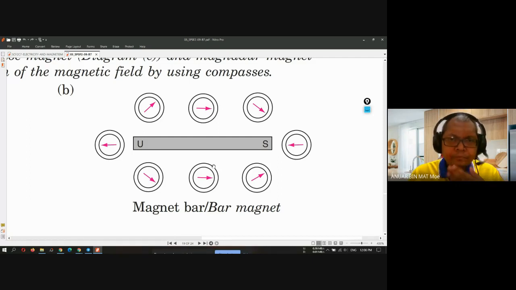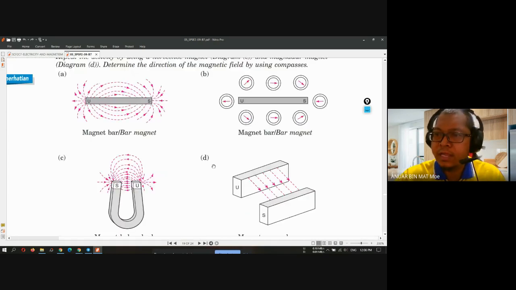These are the answers if you want to find the magnetic field line by using a compass. Just draw the direction of the arrow inside the compass here.